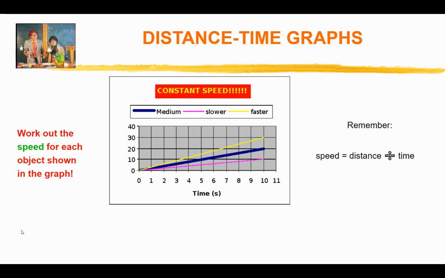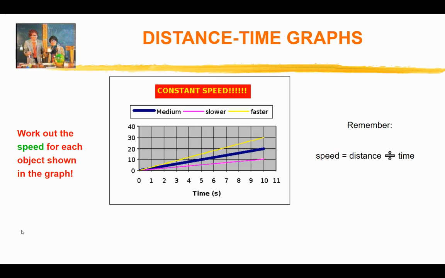The yellow one goes to 30. It doesn't tell what the distance is, but let's do meters. So on the top of our fraction, we're going to put 30 meters for distance. On the bottom of our fraction, how long did it take? What's the time? 10 seconds. 30 meters over 10 seconds.